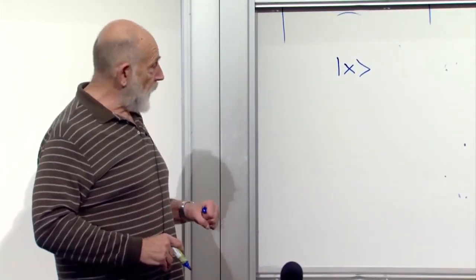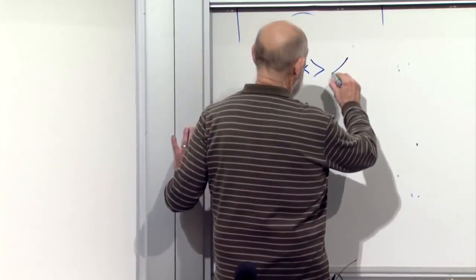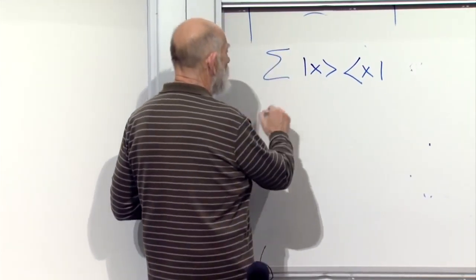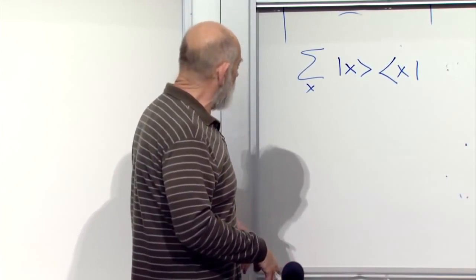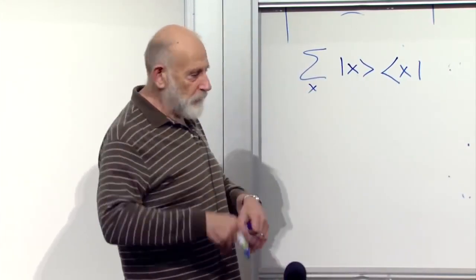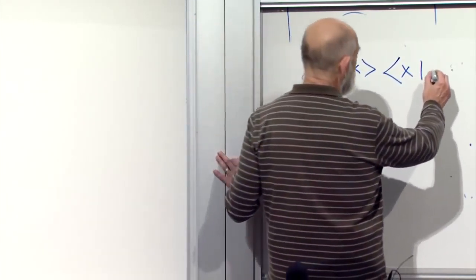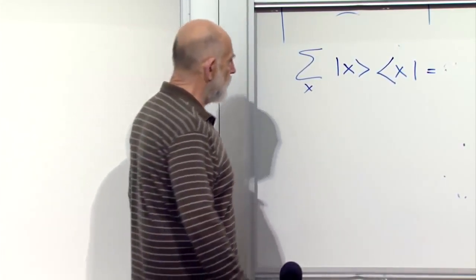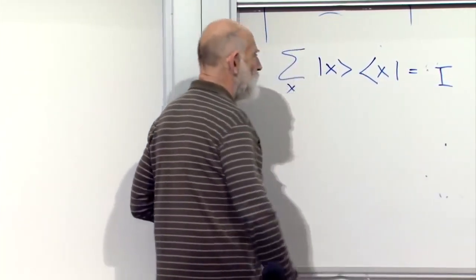They're a complete set of states. That means they're a complete basis of states, and that means that if you sum over all positions or integrate over all positions, I'll keep it simple, I'll imagine summing over positions, but we may have to do an integral. If we sum over all positions, what do we get on the right-hand side? 1, the unit operator. That's a general rule for any basis of states.